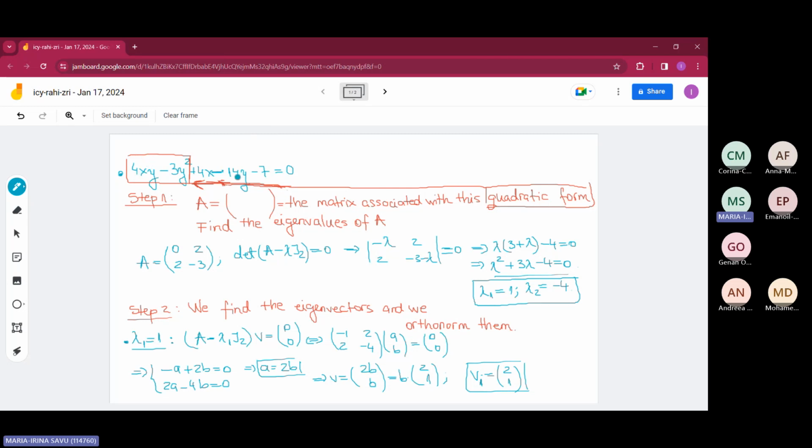When you look at this form, if you see that there's a term with xy, it means that you have to do a rotation. So you have to write step 1, step 2, step 3, and step 4.